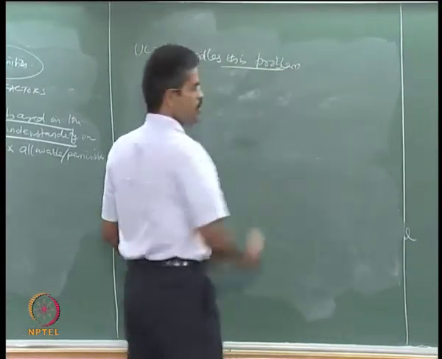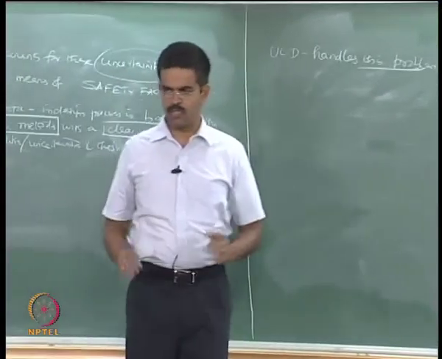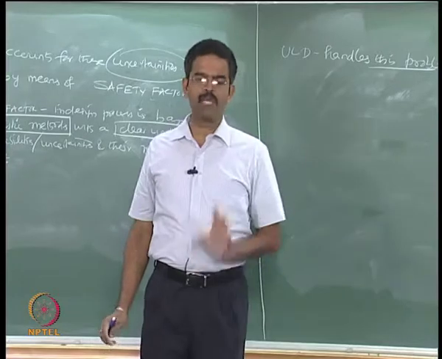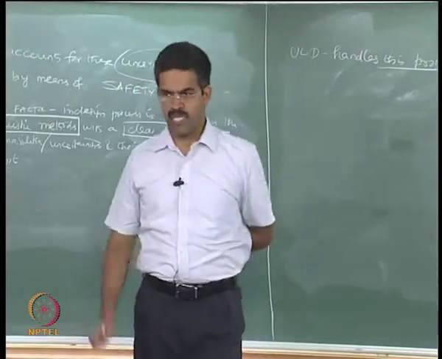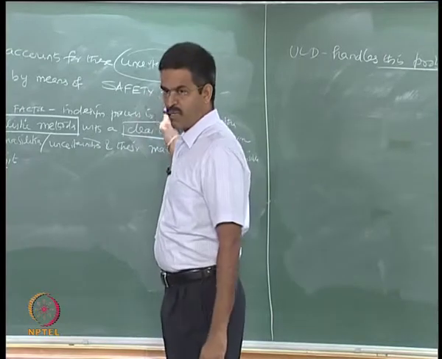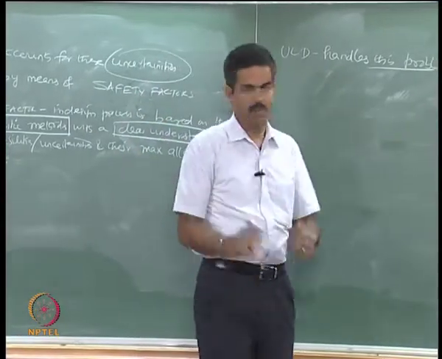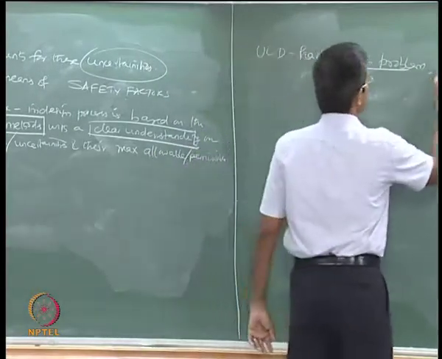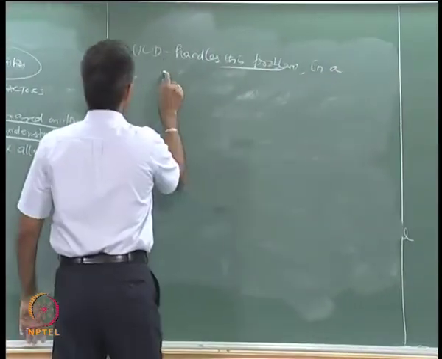What is this problem? This problem is combining these two factors, one applicable on load, one applicable on strength, together to form a safety factor for the entire system. So, that is a problem. So, ULD handles this problem in a semi probabilistic manner.